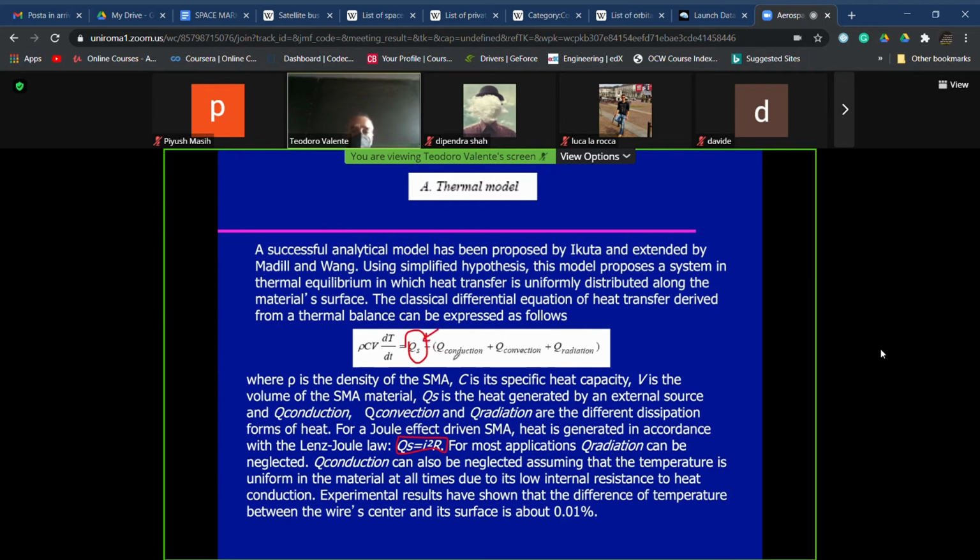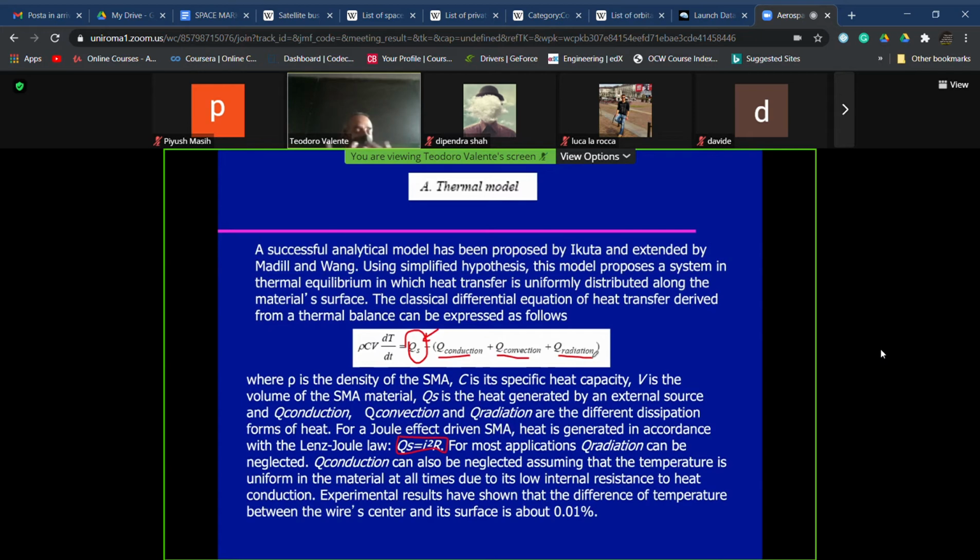Then, if we are going to discuss a little bit these three terms of losses, well, perhaps you remember that the radiation losses are dependent on the temperature with an exponent 4. And they are very active when the temperatures are very high.